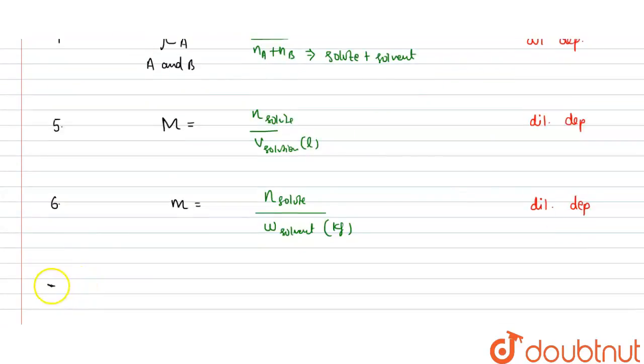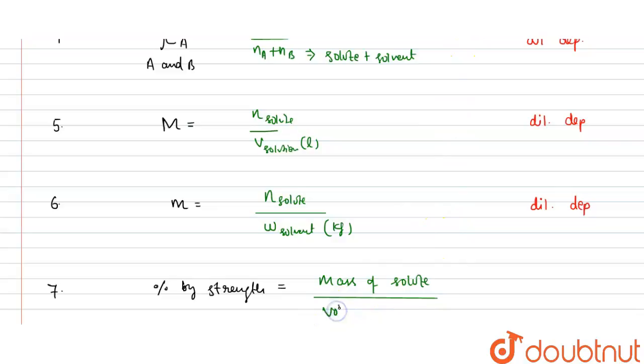Another quantity is percentage by strength. The seventh is percentage by strength. It is mass of solute divided by volume of solution in liter, into 100.